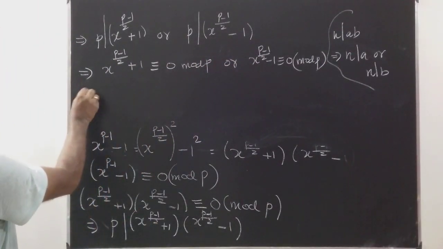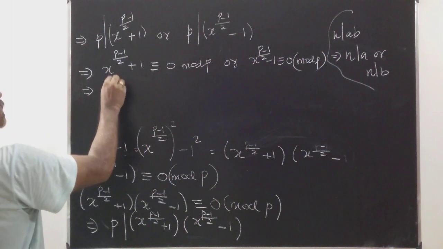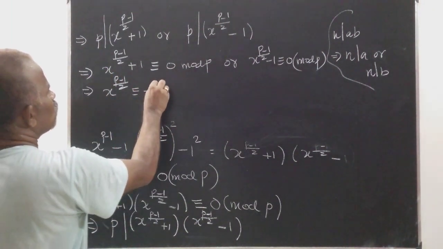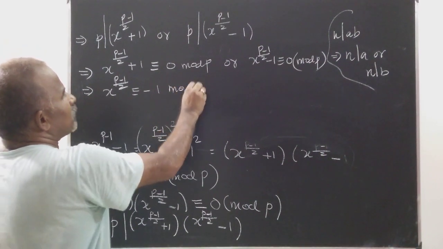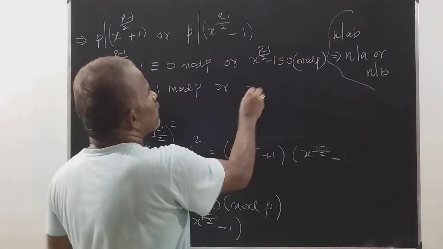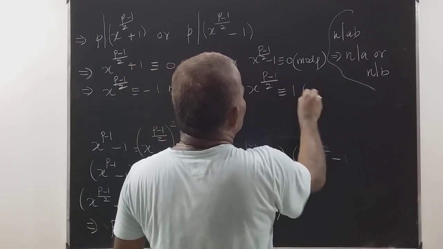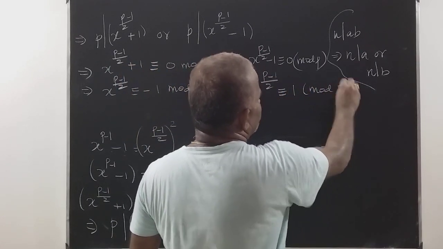So this implies x power p minus 1 by 2 is congruent to minus 1 mod p, or x power p minus 1 by 2 is congruent to plus 1 mod p.